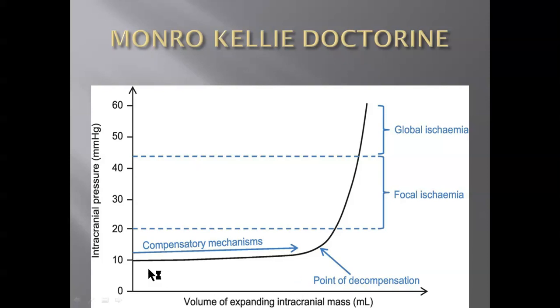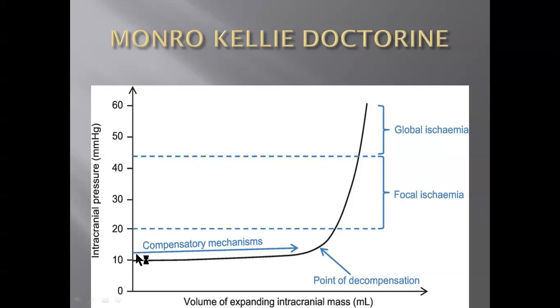Suppose brain parenchyma is increasing, or blood, or the CSF. The ICP will somehow remain up to 10. As we know, the normal ICP value is from 10 to 20 millimeters of mercury.